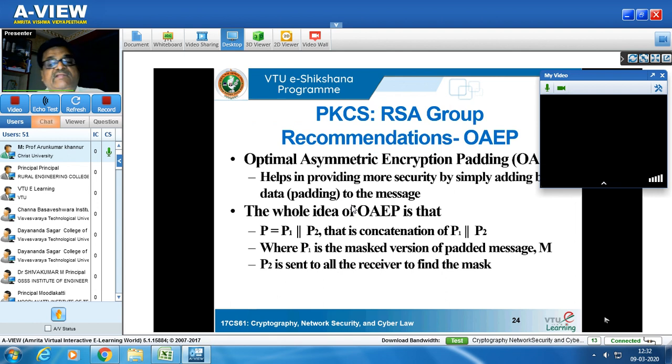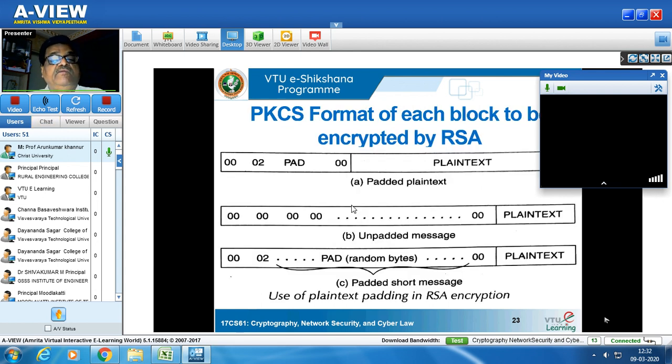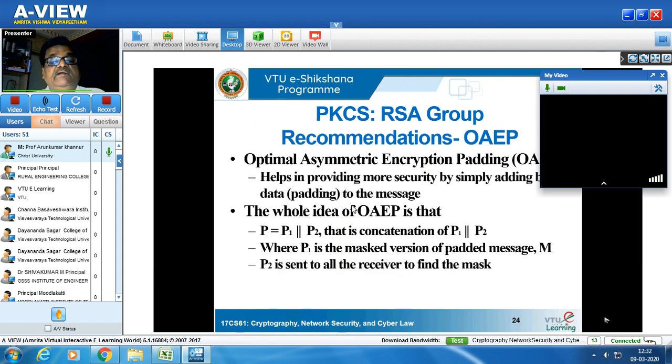Now this message in the PKCS format must be transmitted. For that purpose, optimal asymmetric encryption padding has been proposed, which helps us in building the algorithm for exchanging a message.